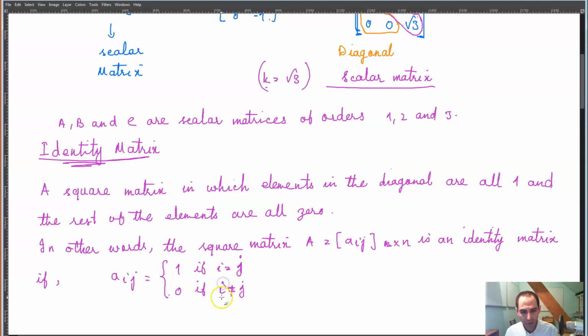If i is not equal to j, then it's equal to 0. If i is equal to j, it's equal to 1.